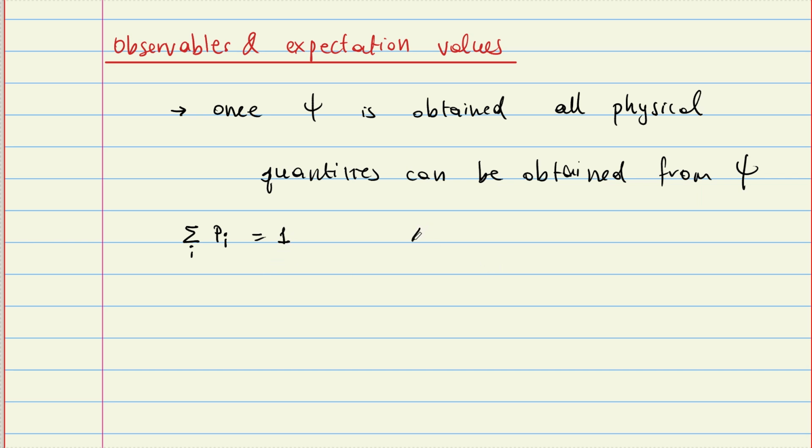And if you have some quantity you want to observe, you can think about its expectation value, right? A that depends on I, weighted by the probability to observe the value of I, divided by the sum over all I. So this is normal probability. There's nothing fancy about this.